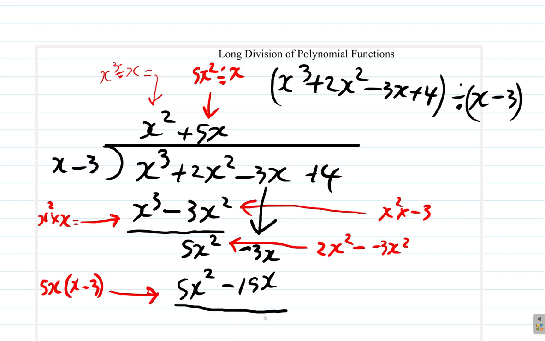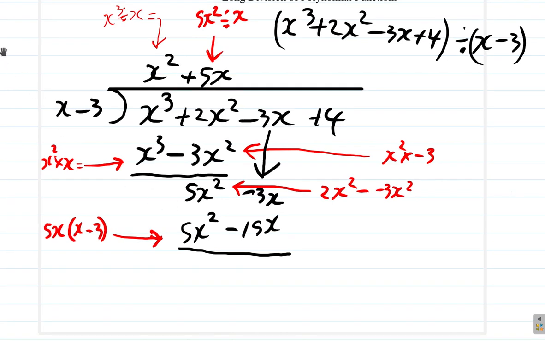Subtract them. 5x squared minus 5x squared, that's gone, 0. Then here we have negative 3x minus negative 15x. So that's like negative 3x plus 15x.